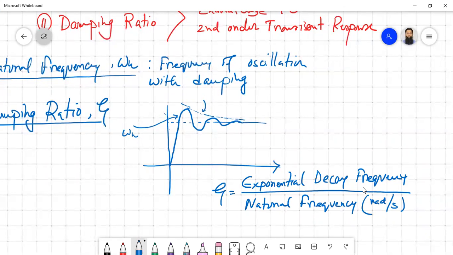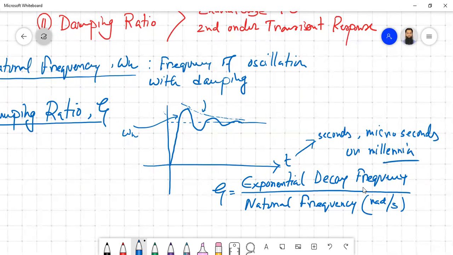So this time scale can be seconds, it can be microseconds, or it can be millennia. Okay, so it's not dependent on the time.